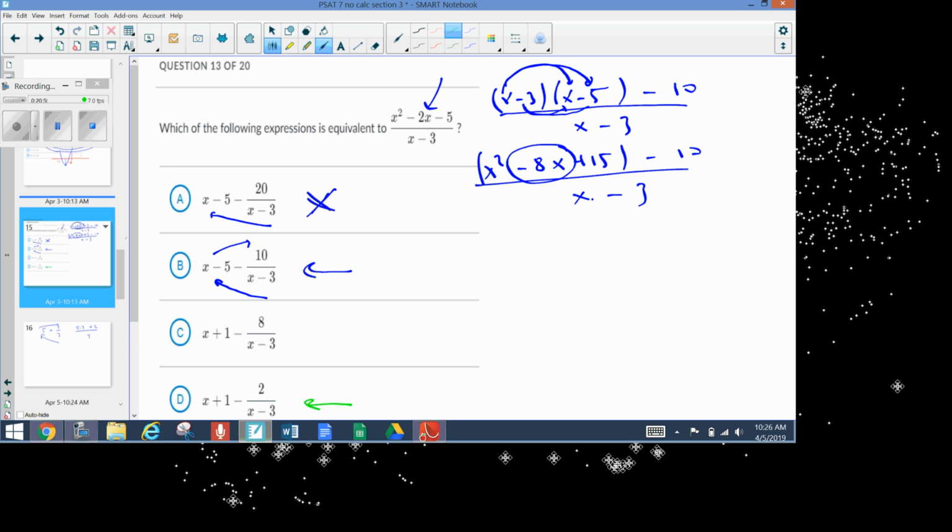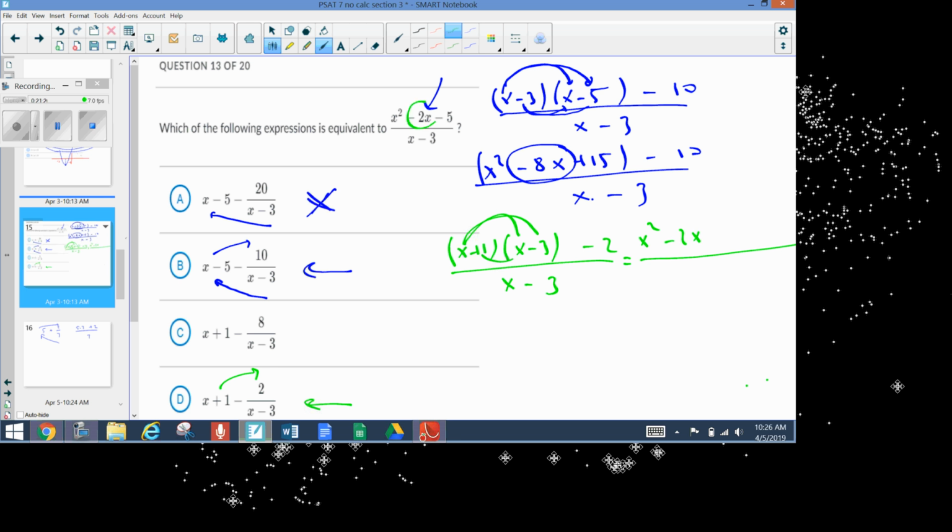Try D. Okay. x plus 1 times x minus 3, and add the numerator, minus 2 over what? Is that clear? So x squared minus 3x plus x, minus 2x.